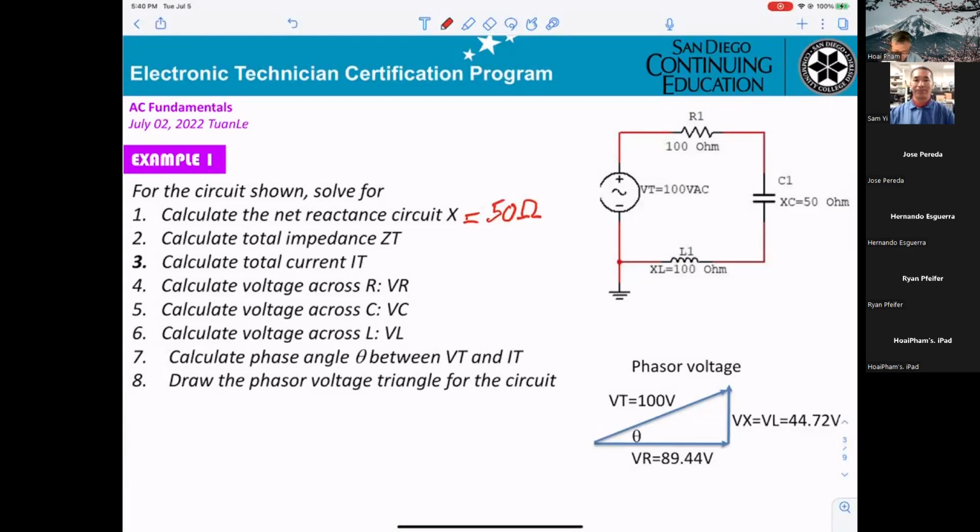And the circuitry will be an inductive circuit.